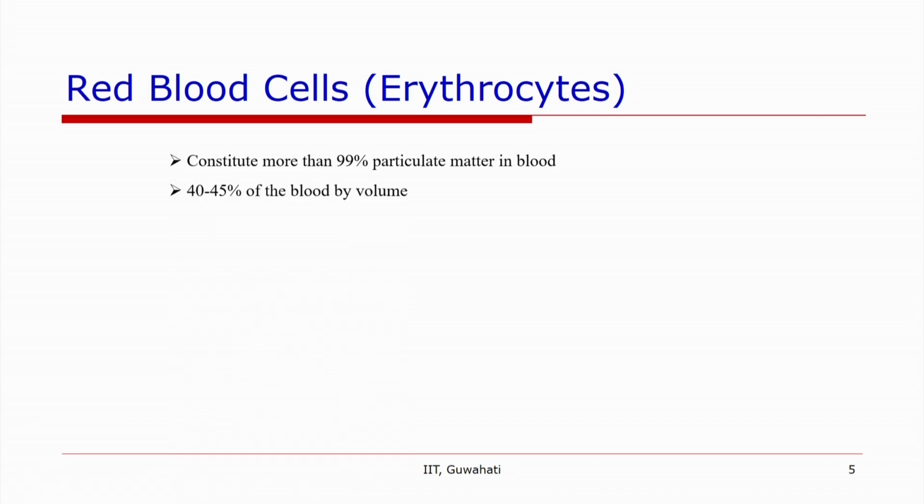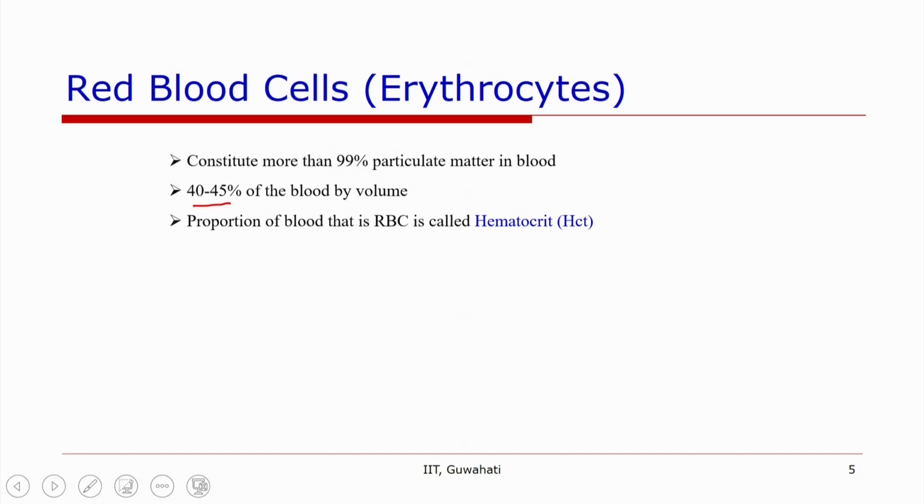The volume fraction of red blood cells in the blood is about 40 to 45%, and because it is an important factor pathologically, it has been given a specific name. The volume fraction of red blood cells in the blood is known as hematocrit, which is the percentage volume fraction of red blood cells in the blood.